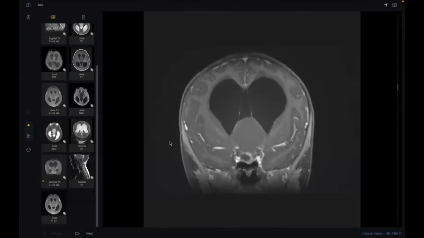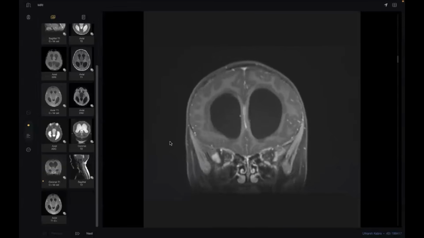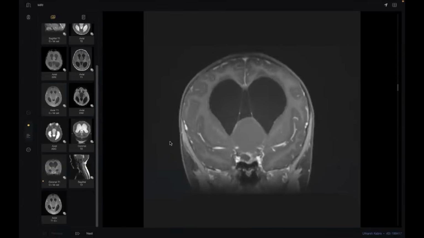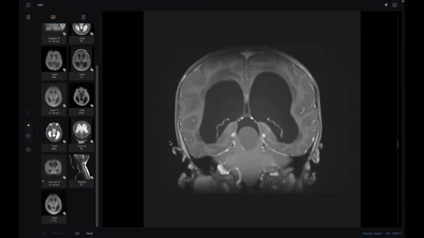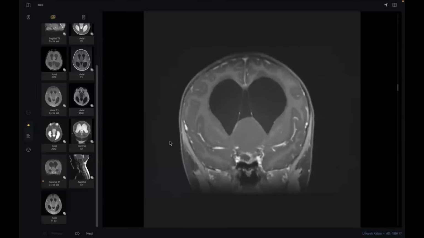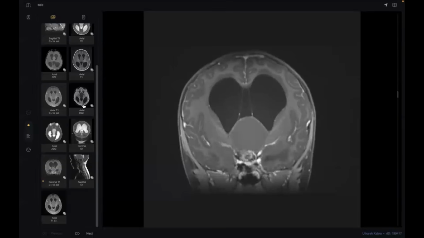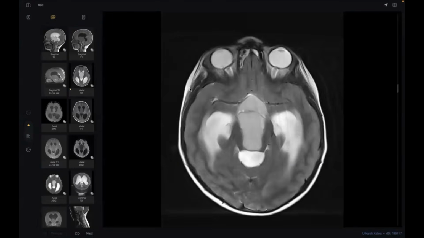I immediately convey the findings to the referring physician, as the patient has obstructive hydrocephalus, which is causing the optic chiasm symptoms and loss of vision. Immediate drainage after neurosurgical team consultation is suggested in this case for relief of obstruction.